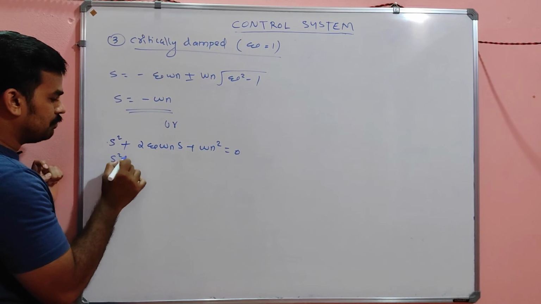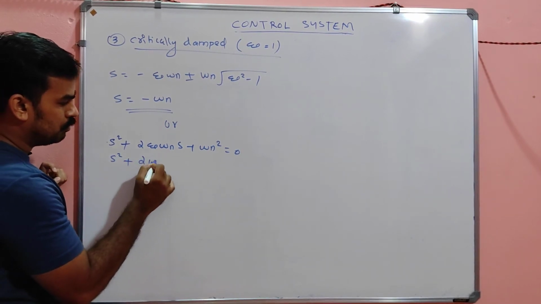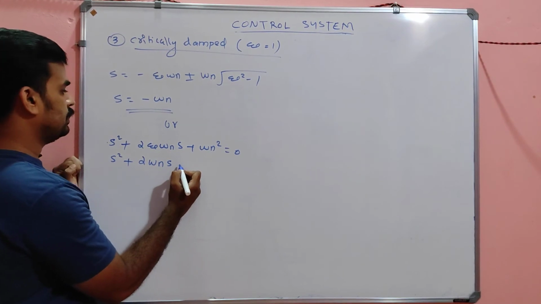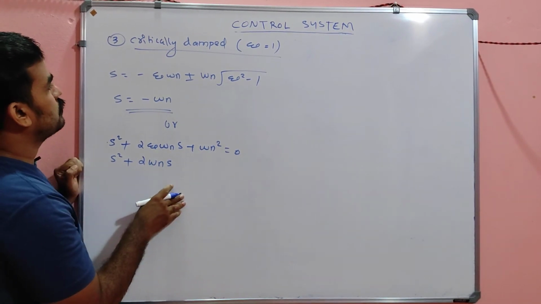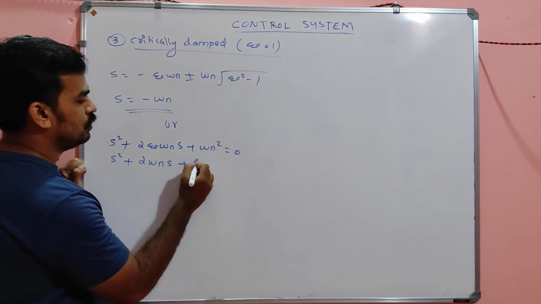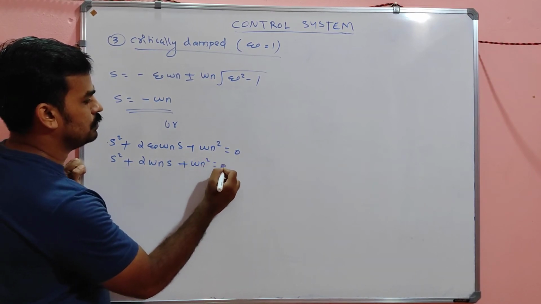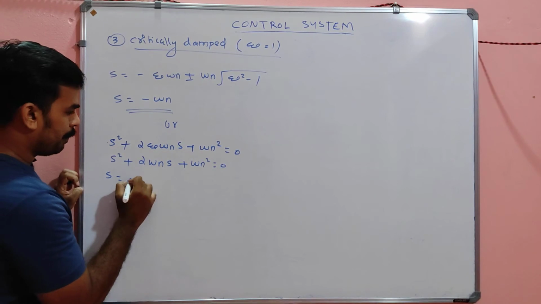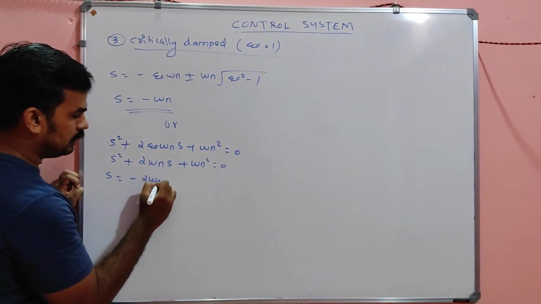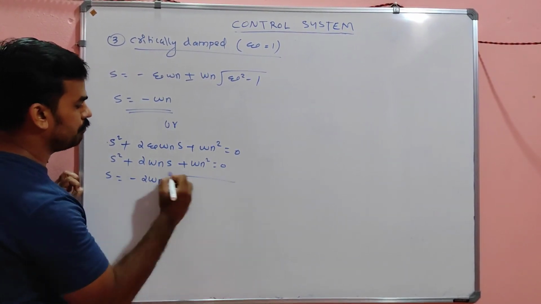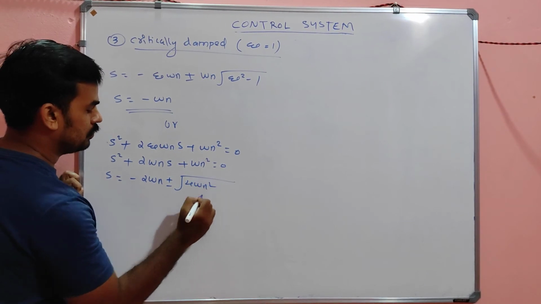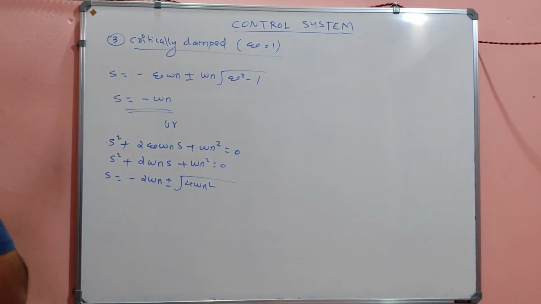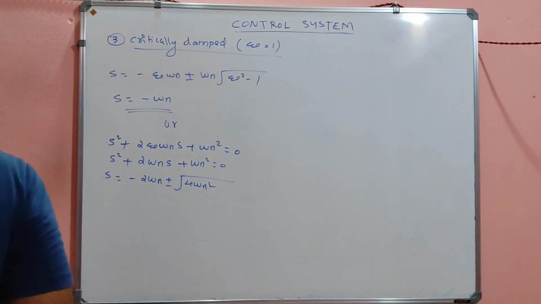Substitute theta equal to 1 here: S square plus 2 omega n S plus omega n square equal to 0. And what is S now? S will be minus b plus or minus root of b square minus 4ac, and the same will be obtained, no change.